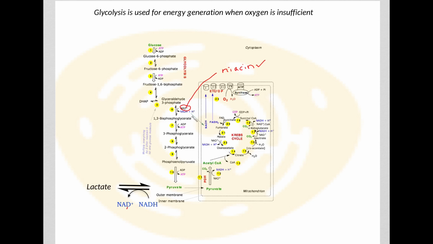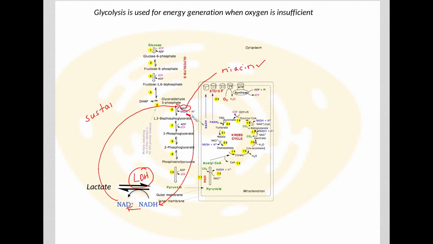basically recycle. So this NADH that is produced in step number 6 is converted by lactate dehydrogenase into NAD, and this NAD goes back and it can be used by reaction 6. So in this way, LDH helps sustain glycolysis.